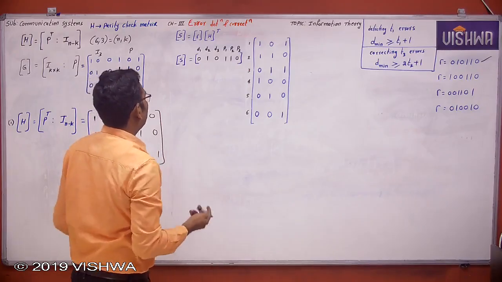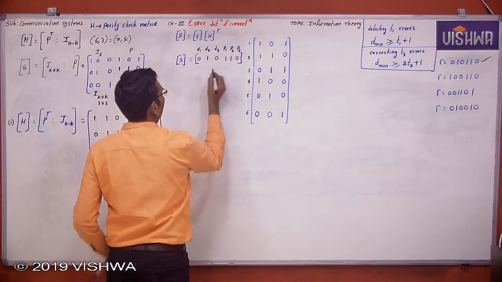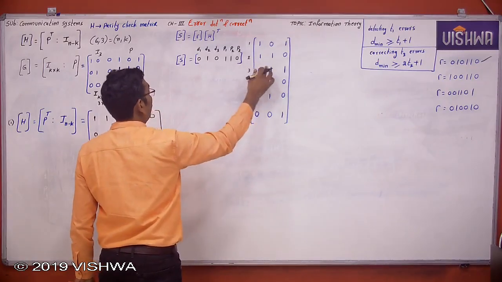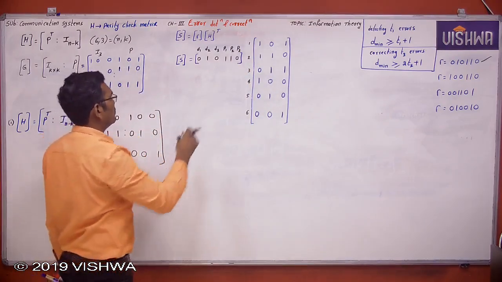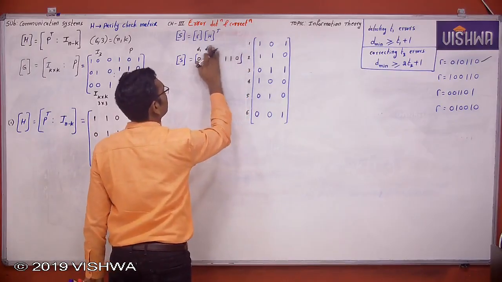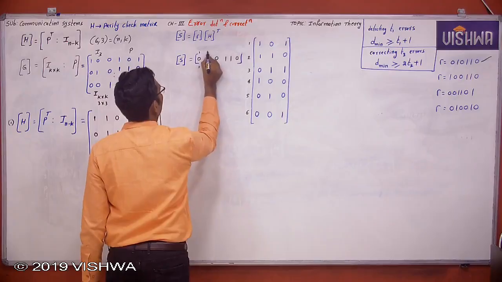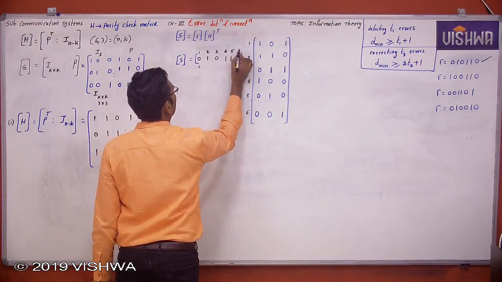Now wherever there is a binary 1, you select that particular row in the H transpose matrix. The bit positions are 1, 2, 3, 4, 5, 6.